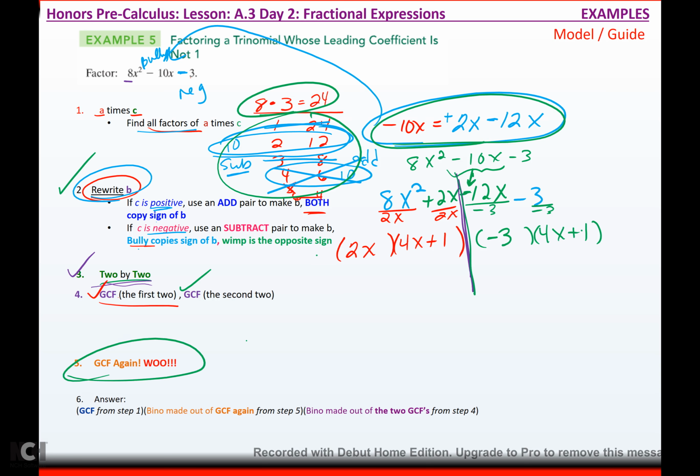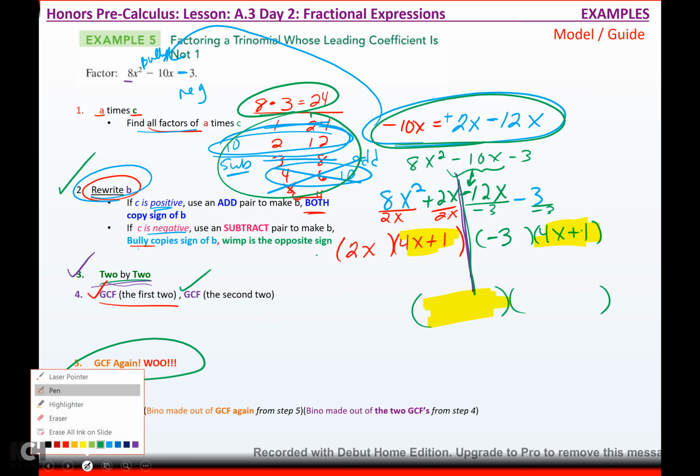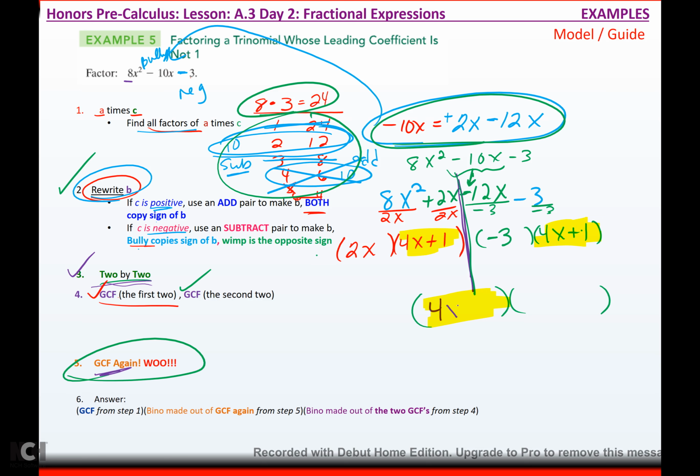And now we're at GCF again. And all that happens, guys, is at this point, you better have a matching binomial. If you don't have a matching binomial on each side, then you've done something wrong, or the polynomial is prime and can't be factored anyways. Alright, but my GCF again is the common binomial. So whatever's the same on both sides goes there.